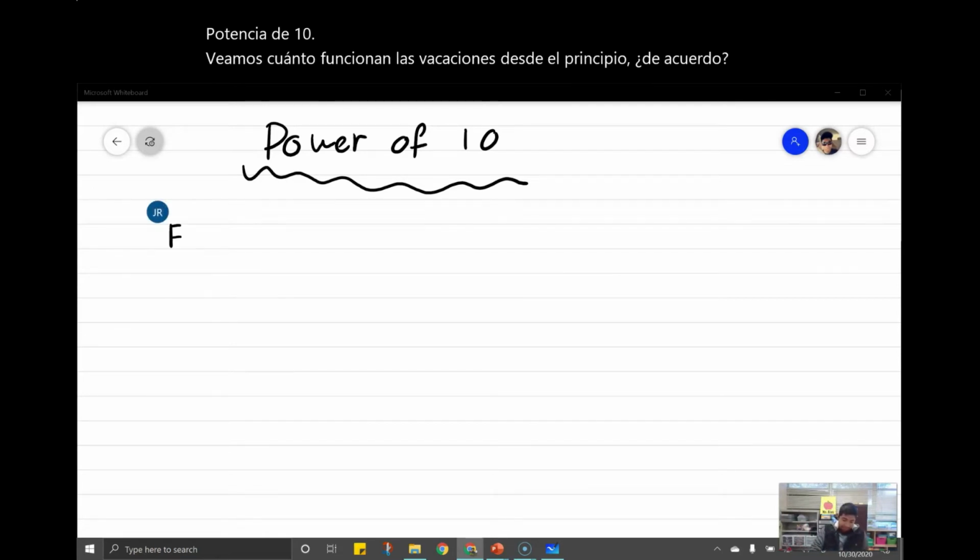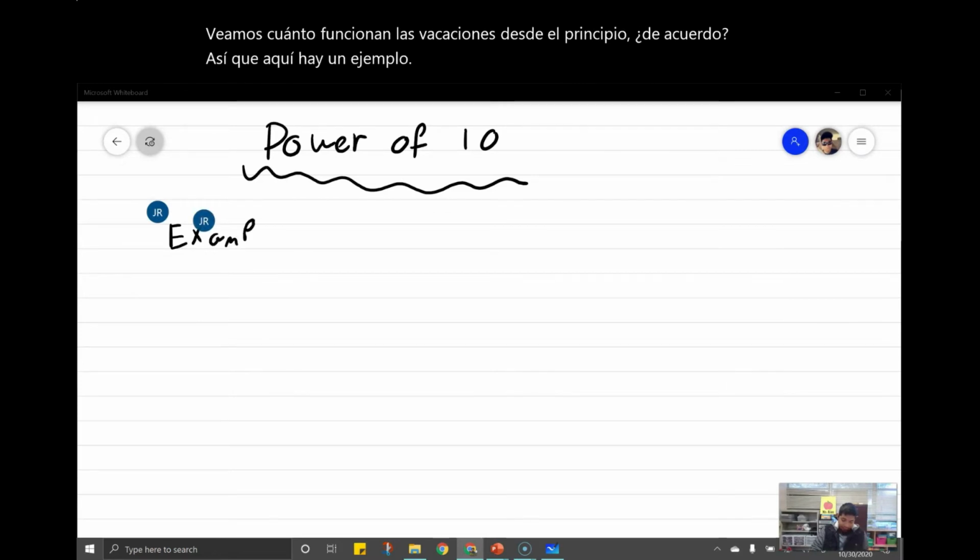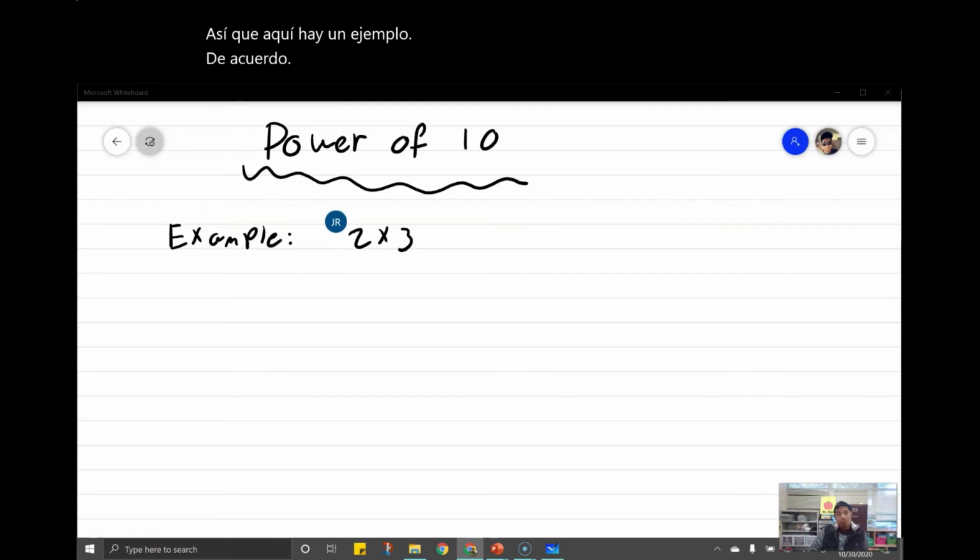So here is an example, okay? What is 2 times 3? Good, 6, okay? Now, what is 2 times 30? Ooh, now that's a big one. Now we don't learn numbers like that.